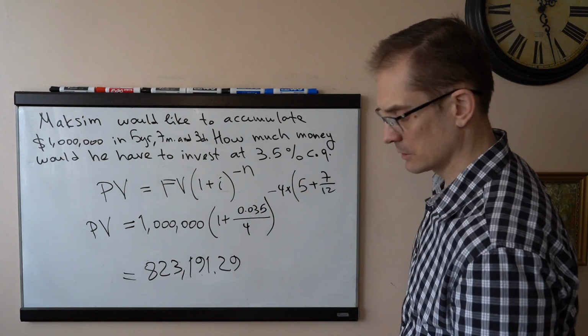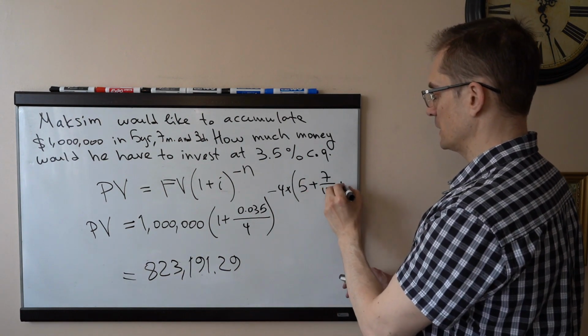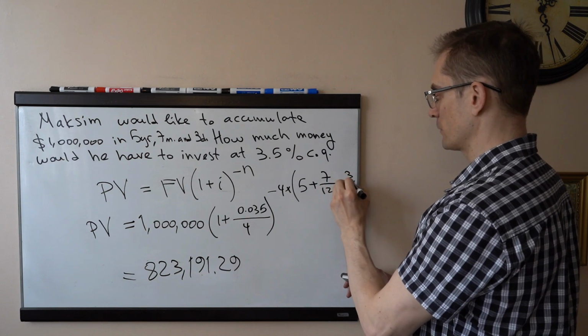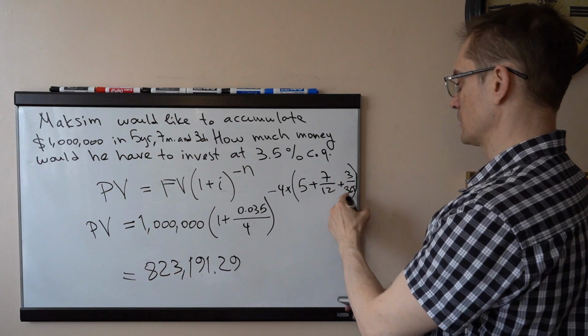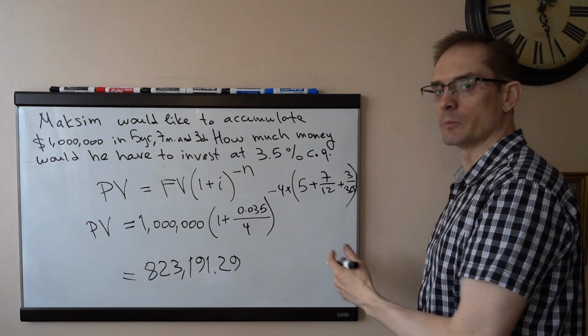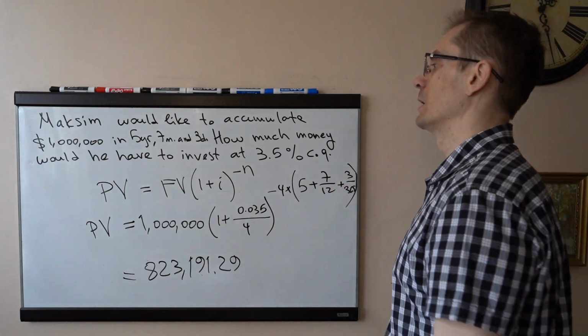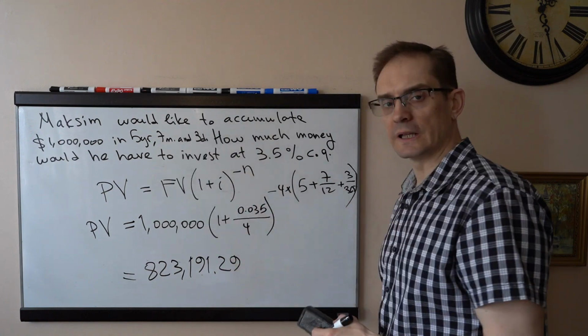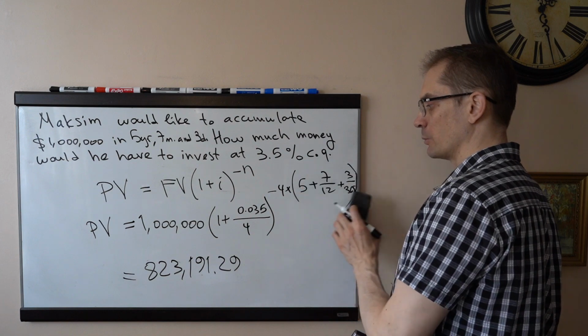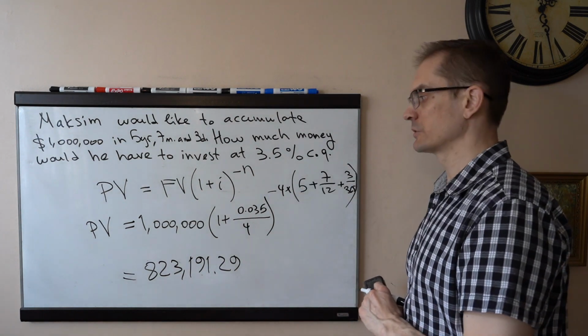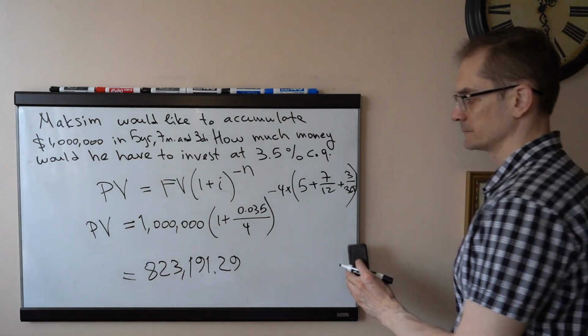All that you have to add is also 3 over 365, right? Like this. 3 over 365. So you got the point. When you have very complex terms, you simply modify your t based on those terms.